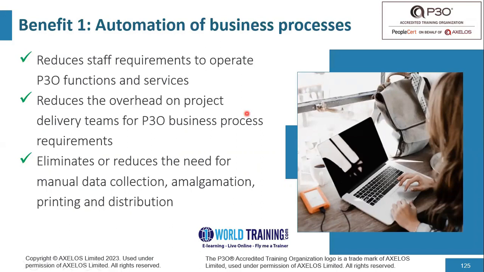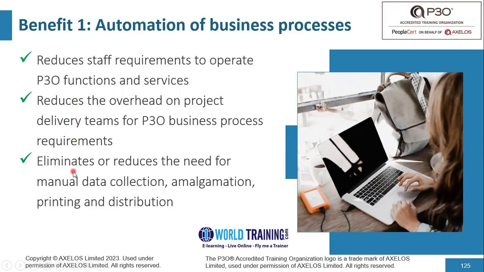It helps reduce staff requirements to operate P3O functions. It cuts down on unnecessary engagement of human resources, especially to create dashboards and other project or program reports. Number 2, it reduces the overhead on project delivery teams for P3O business process requirements.